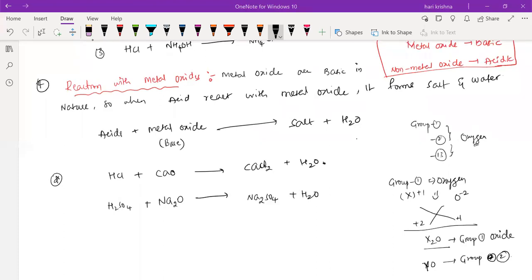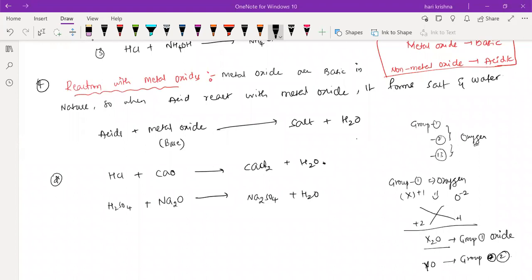H2SO4 is sulfuric acid. You have to remember commonly, that's all. If you want to identify unknown substances, you have to use litmus paper or universal indicator. Just remember some examples of acids, that's all.